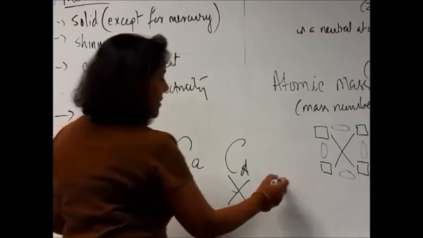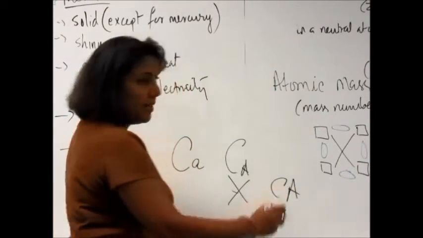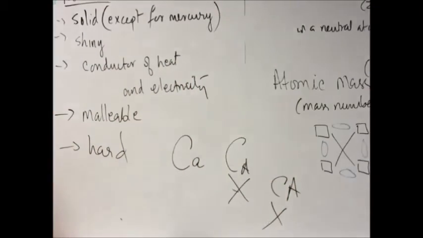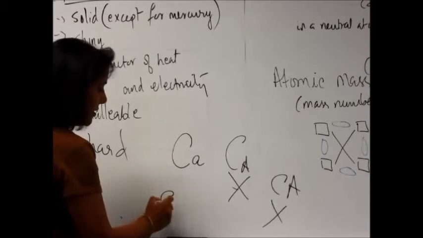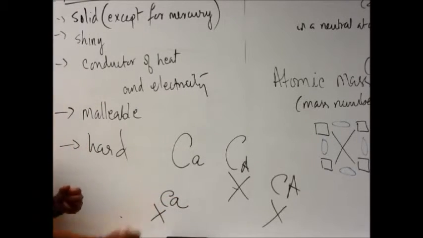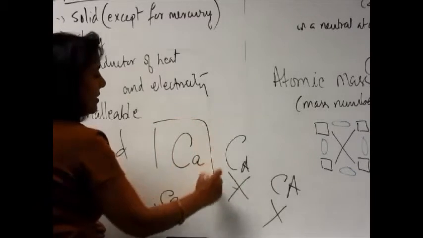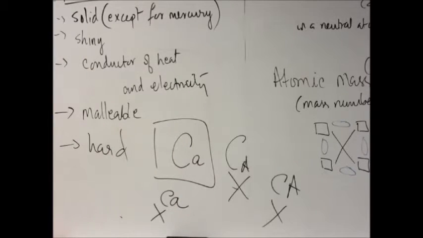You do not write it like this. That's wrong. Are we good? You do not write it like this. That's wrong. There are so many wrong ways of writing it. There's only one correct way of writing it, and that is this, for calcium. As soon as you start changing these symbols into something of your own handwriting and your own way, you change the entire meaning of it.